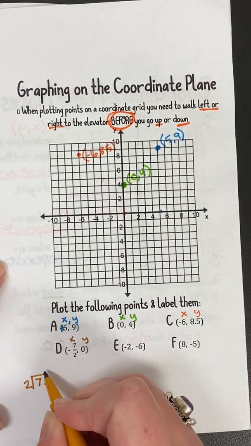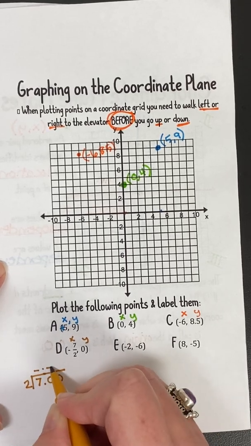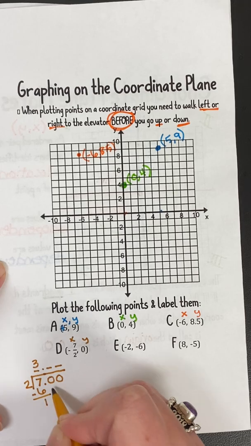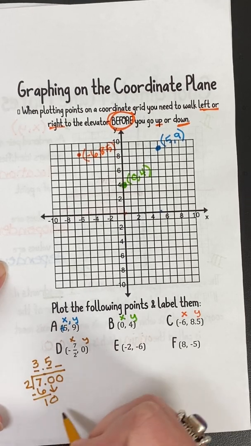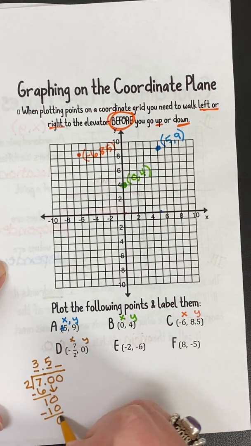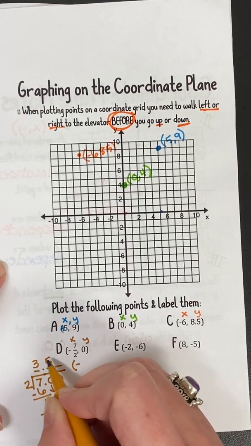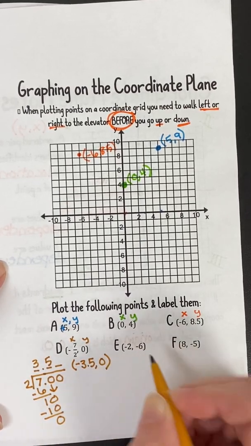I'm gonna take off my boots, put up my hat, and eat 2 donuts, put my spaces. 2 goes into 7 3 times, that gives me 6, 1. 2 goes into 10 5 times, that gives me 10, subtract and I get 0. So I'm gonna rewrite this. This is a negative, and I got 3.5, comma, 0.